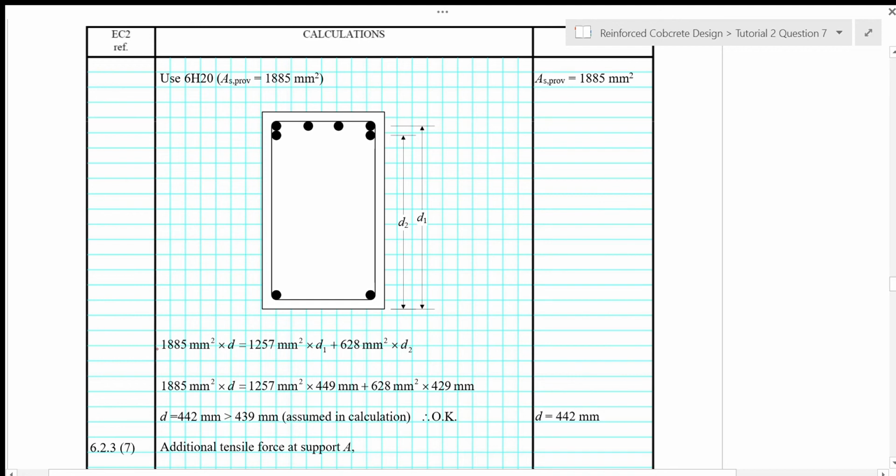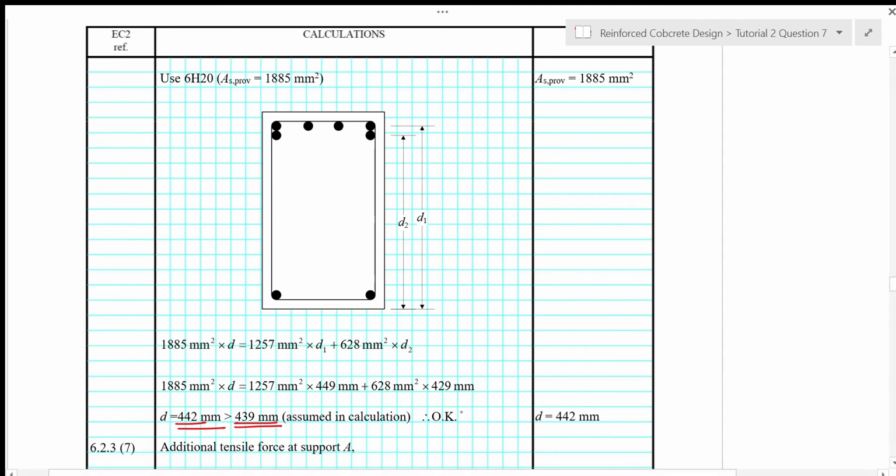So the total steel area of 6 bars multiplied by the effective depth is equal to the area of 4 bars multiplied by its effective depth plus the area of the 2 bars multiplied by the effective depth d2. So this must be equal. So we have d equal to 442 mm, which is larger than the d that we assumed in the calculation.